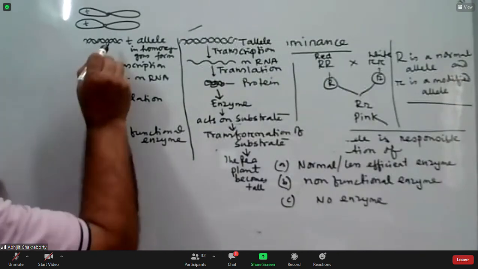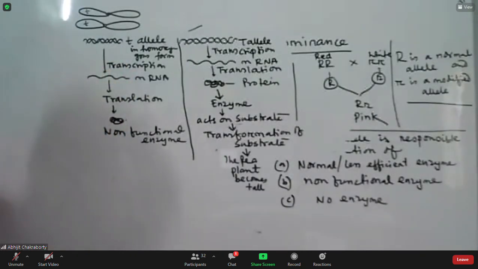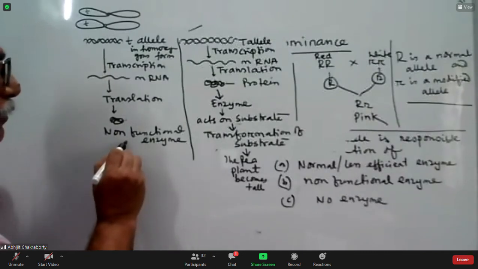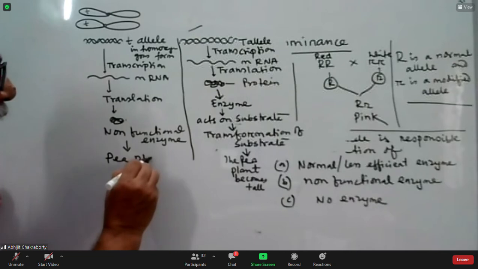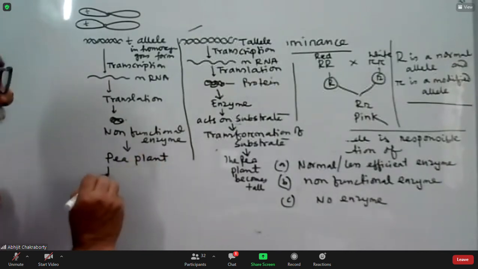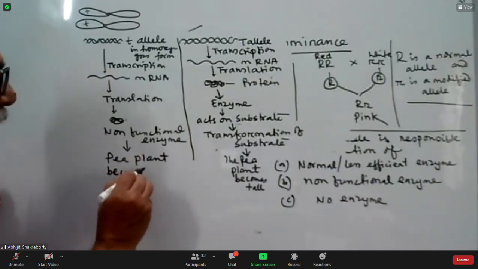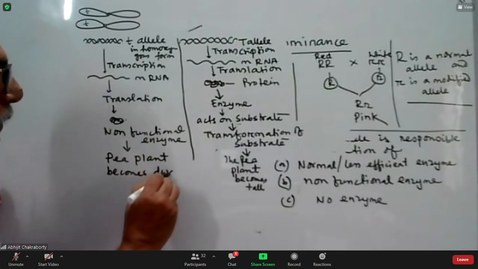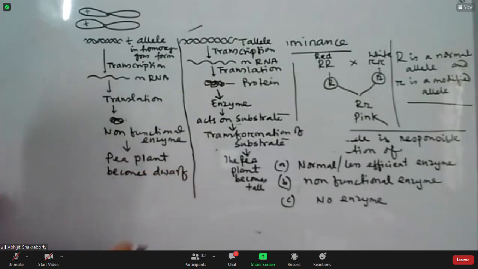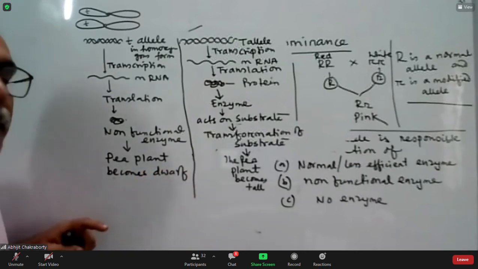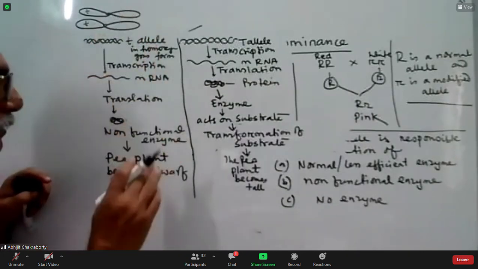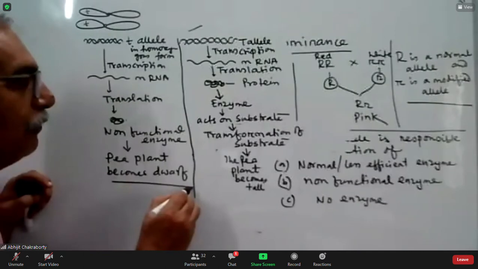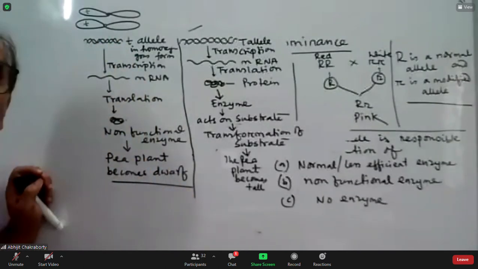Or it may not even undergo transcription. The P plant becomes dwarf. In one sense, it may happen like this. So in this way, the plant becomes dwarf in homozygous condition. Is it clear to you?